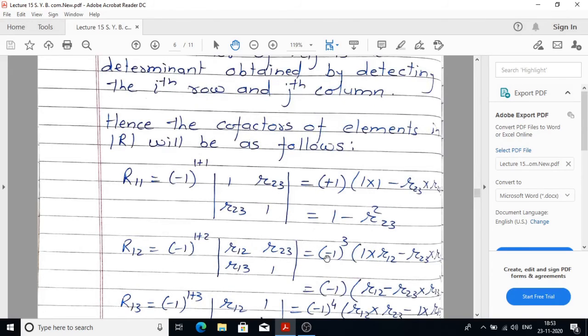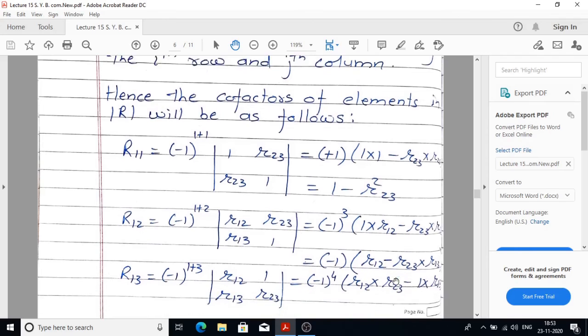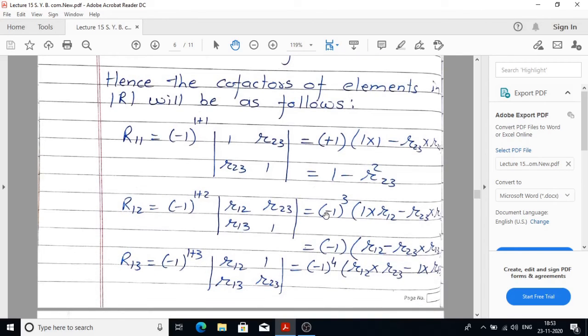So minus 1 raised to 3 will remain minus 1, because minus 1 into minus 1 into minus 1, three times, will be minus 1. Solve this determinant: 1 into R12 minus R23 into R13. So the formula can be considered as minus 1 into R12 minus R23 into R13.